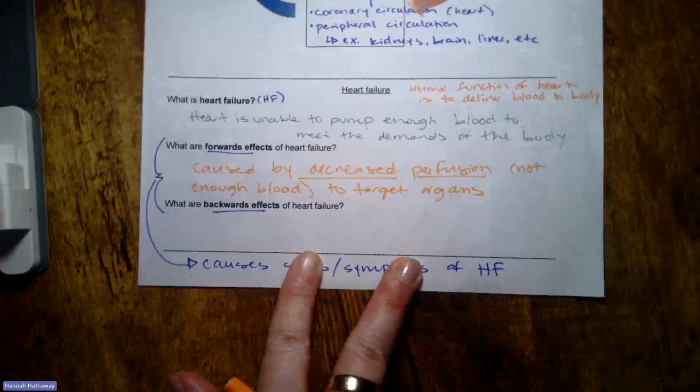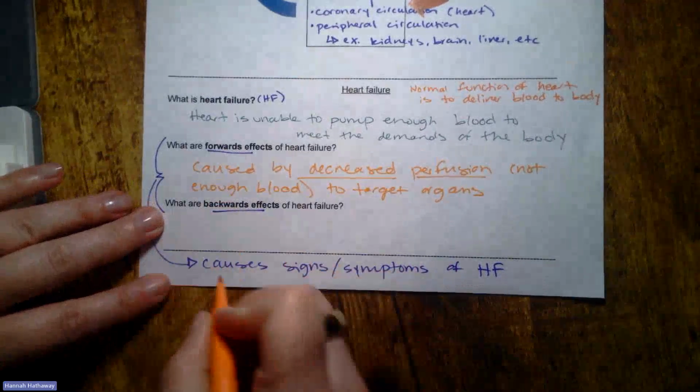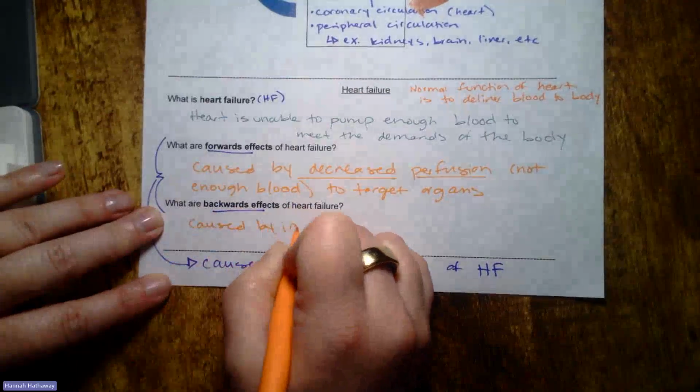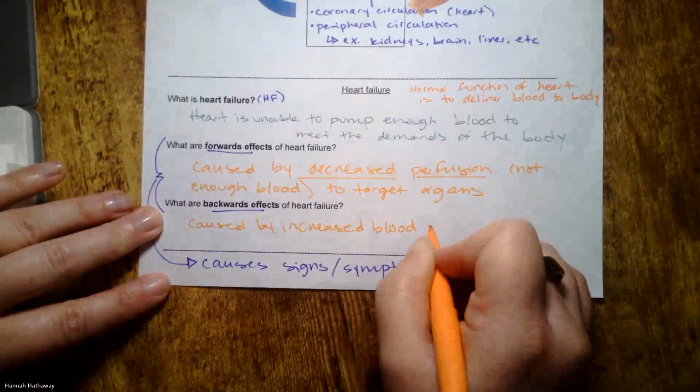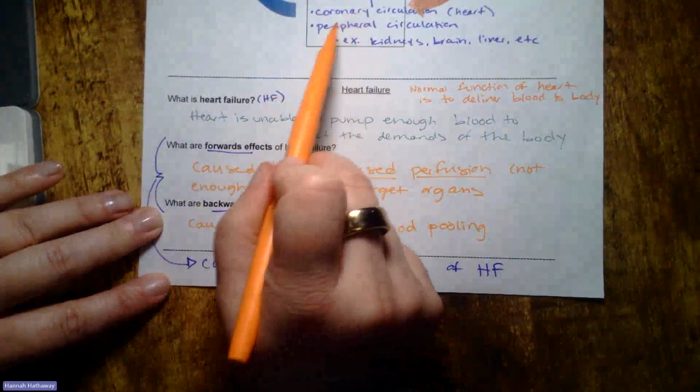So we're going to write for this, the more specific way to say that is what are backwards effects of heart failure? These are all caused by increased blood pooling. So this in this case would be like in the body.